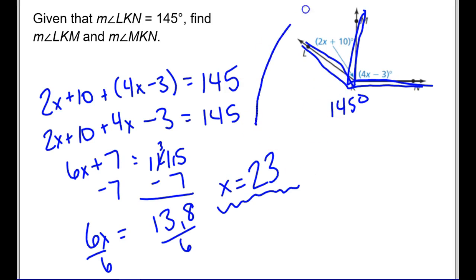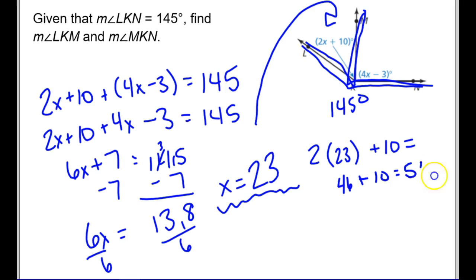To do that, I take what I found for x and plug it back in. So I have 2 times 23, which is 46, plus 10 equals 56. So the measure of angle LKM is 56 degrees.